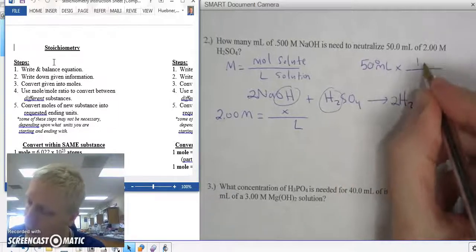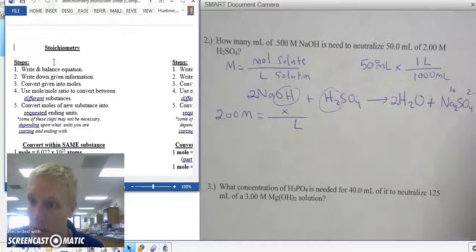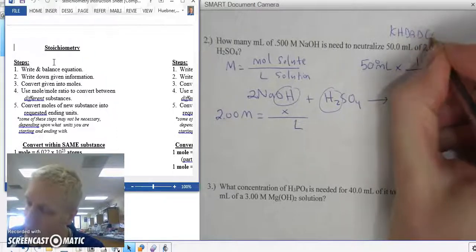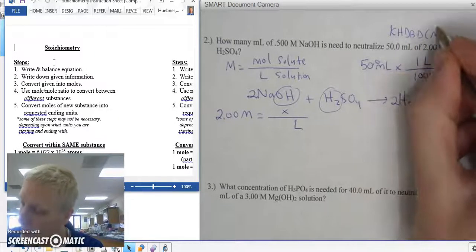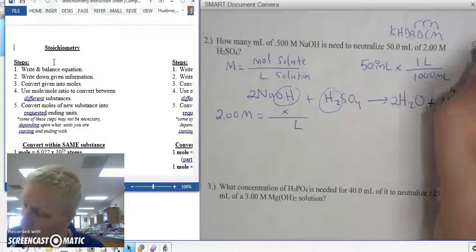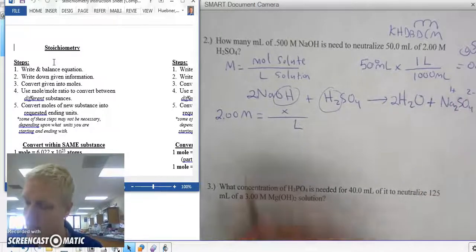The conversion factor is for every 1 liter, there's 1,000 milliliters. You can also do the King Henry died by drinking chocolate milk. Converting milli to 1, you're basically moving that decimal 3 spots to the left. And you're going to get 0.05 liters.